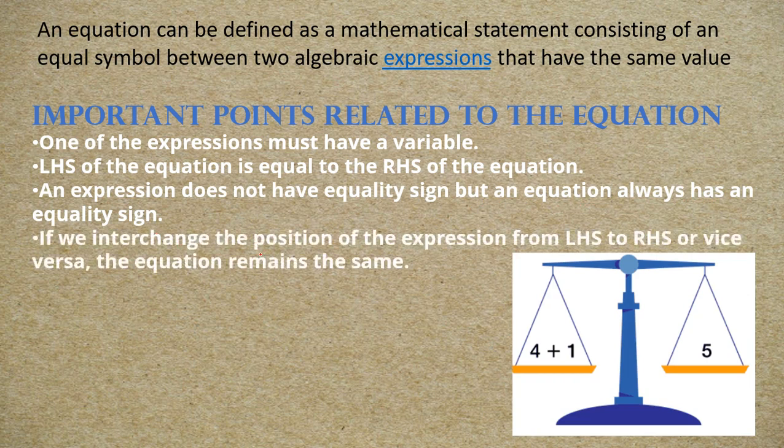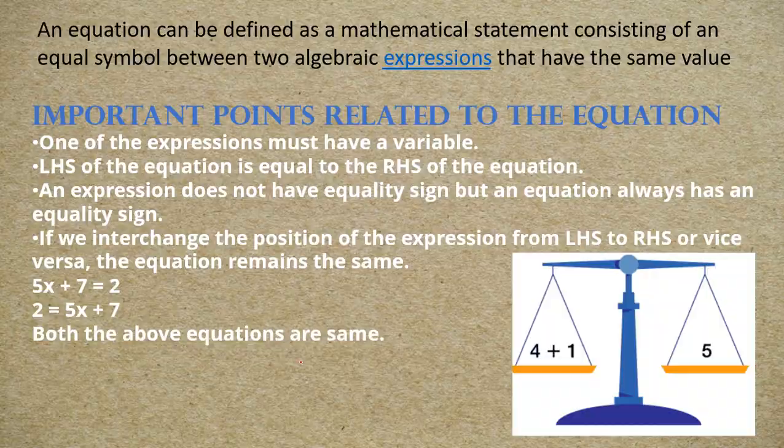If we interchange the position of the expressions from left hand to right hand or right hand to left hand, the equation remains the same. For example, if we write 5x plus 7 is equal to 2, we can write it as 2 is equal to 5x plus 7. There is no change for these two expressions, they are equal. So both the above equations are the same.